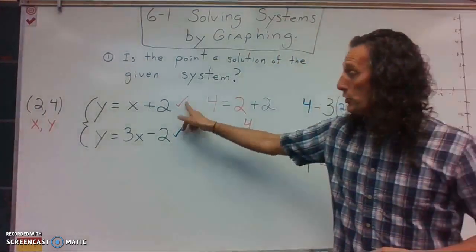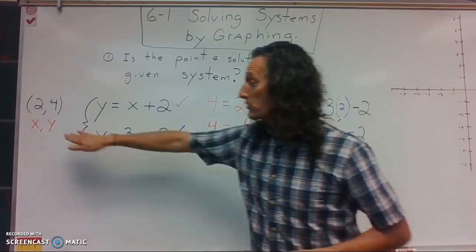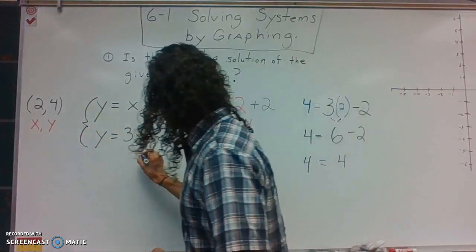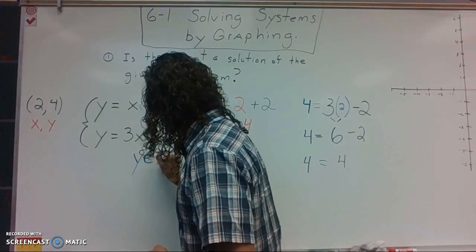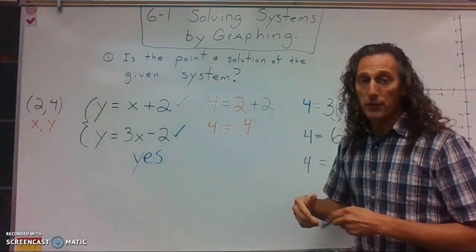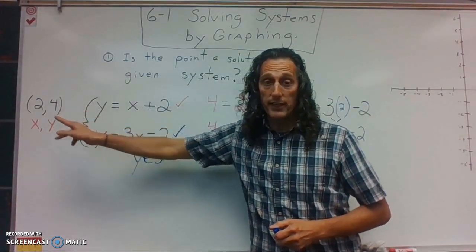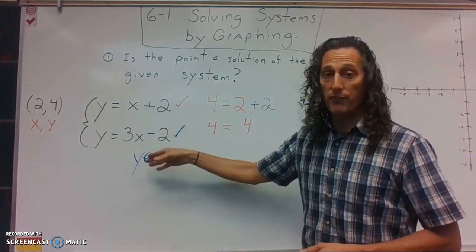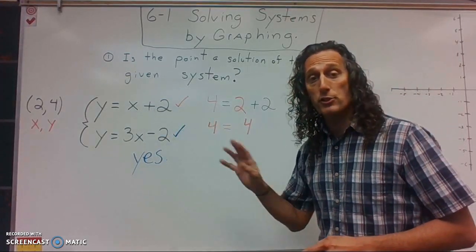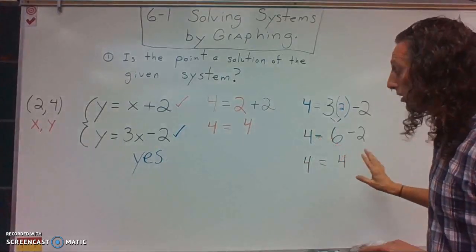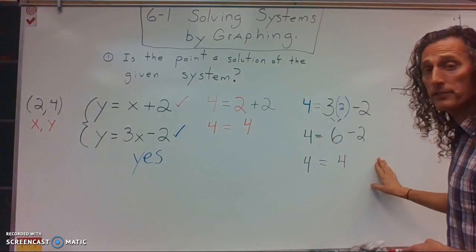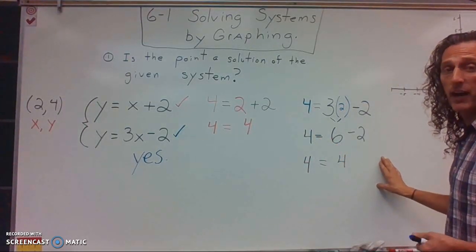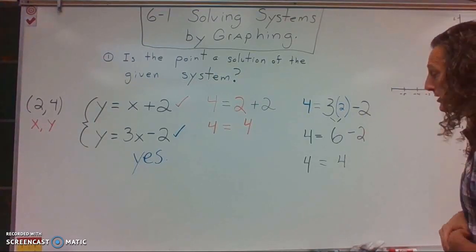If you get 2 checks with this one point, then your answer is yes. This point is a solution of this system. Make sure that you get all this written down. Hit pause right about now, and then we're going to put up a second equation.